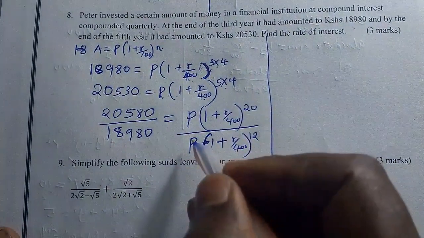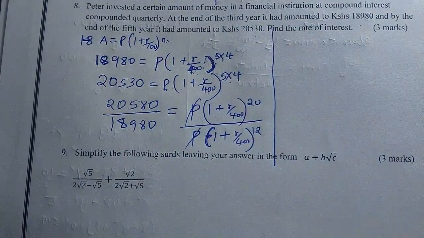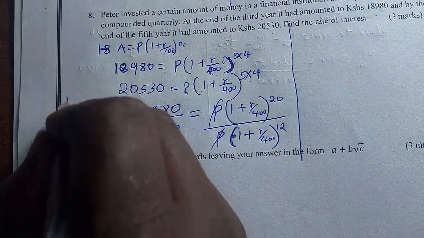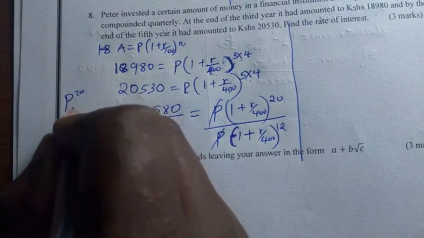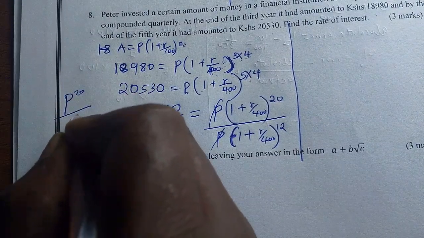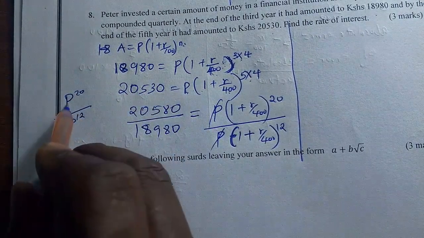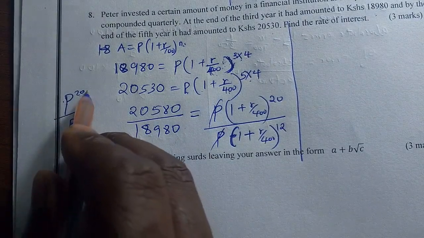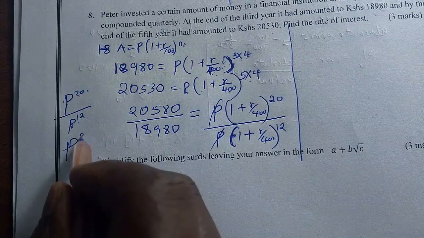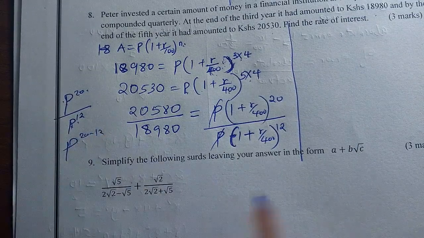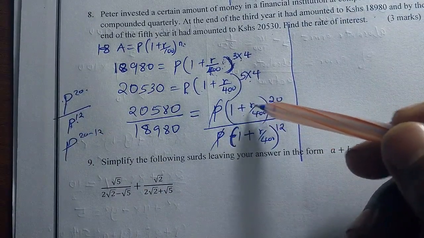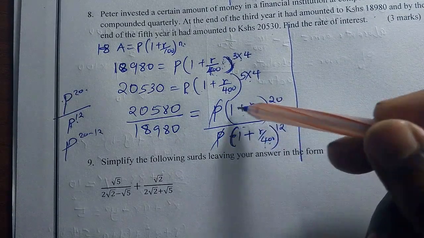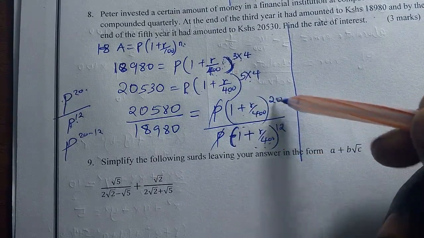So principal and principal will cancel out. But now you remember from indices, if we have p raised to power 20 divided by p raised to power 12, the base is the same, we are dividing, so we need to subtract. So we take 20 minus 12. The base is 1 plus r over 400, and the bases are the same, so we are going to deal with the powers.